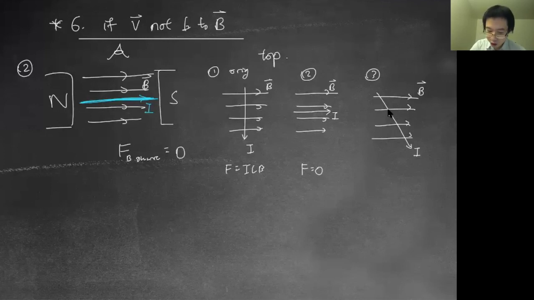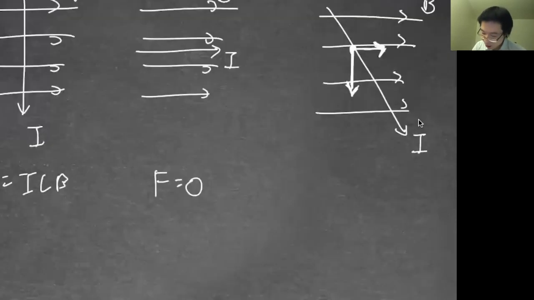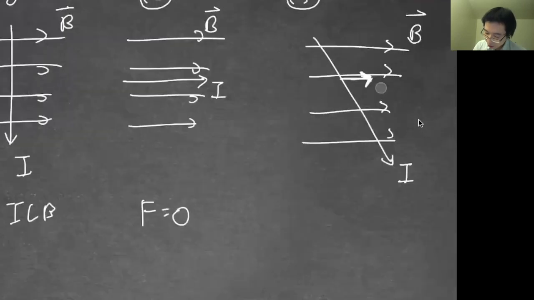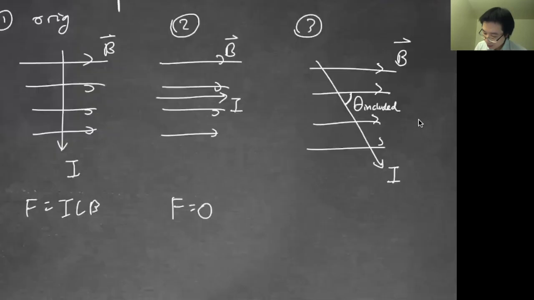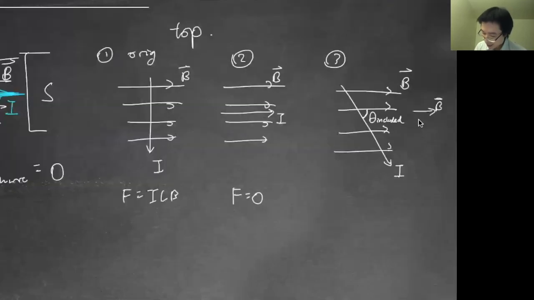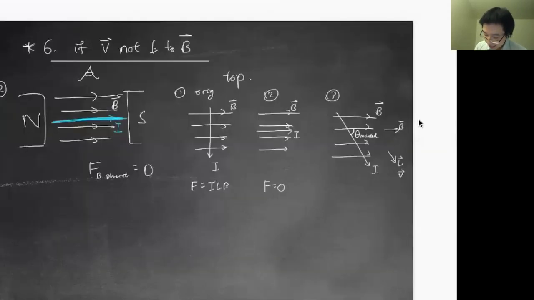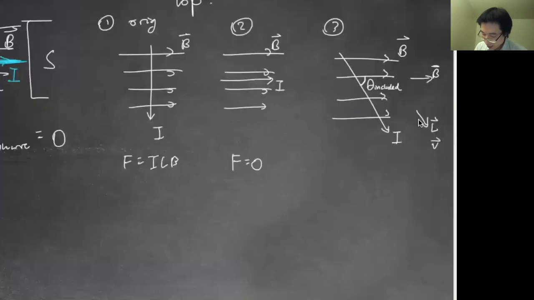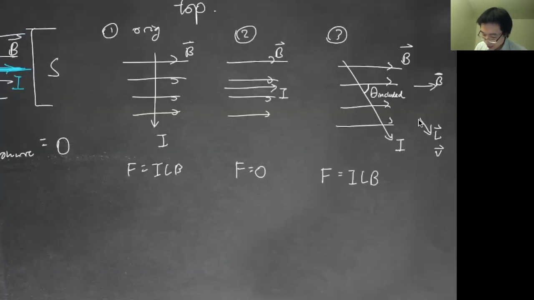Instead of resolving the vector, for those who don't like resolving vectors, this might be good news for you: all you need is this angle. It's called the included angle, the angle included between the B vector and the L vector, or the velocity vector, depending whether it's a charge or a wire. And the answer is ILB, and you put at the end sine theta, the included angle.